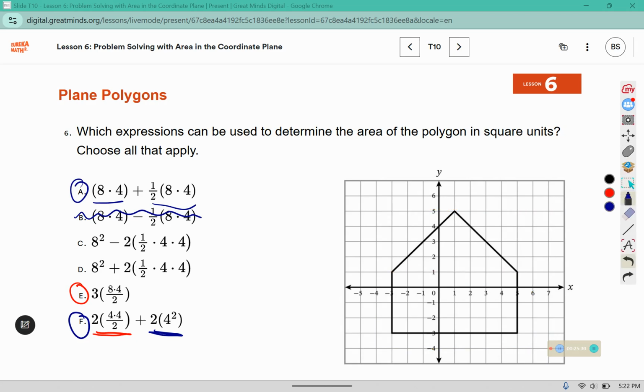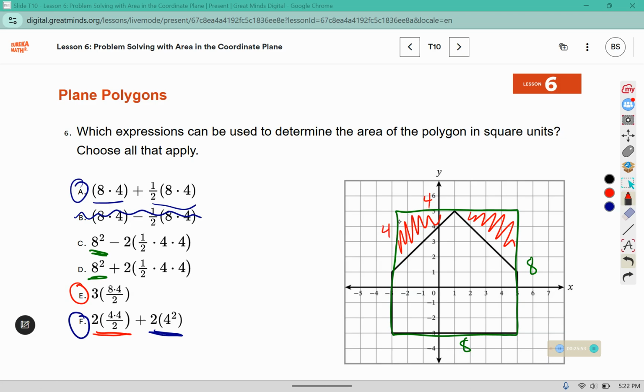If we made the outside a big rectangle, this would be 8 wide and 8 tall. So that's an 8 by 8 square. I see those both here. But then I would need to remove this triangle here and this triangle here.